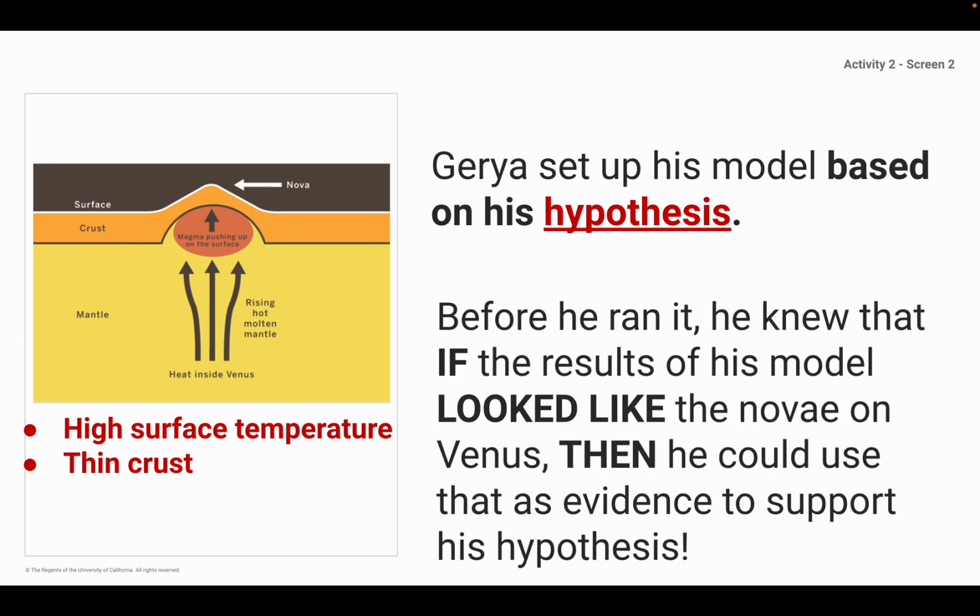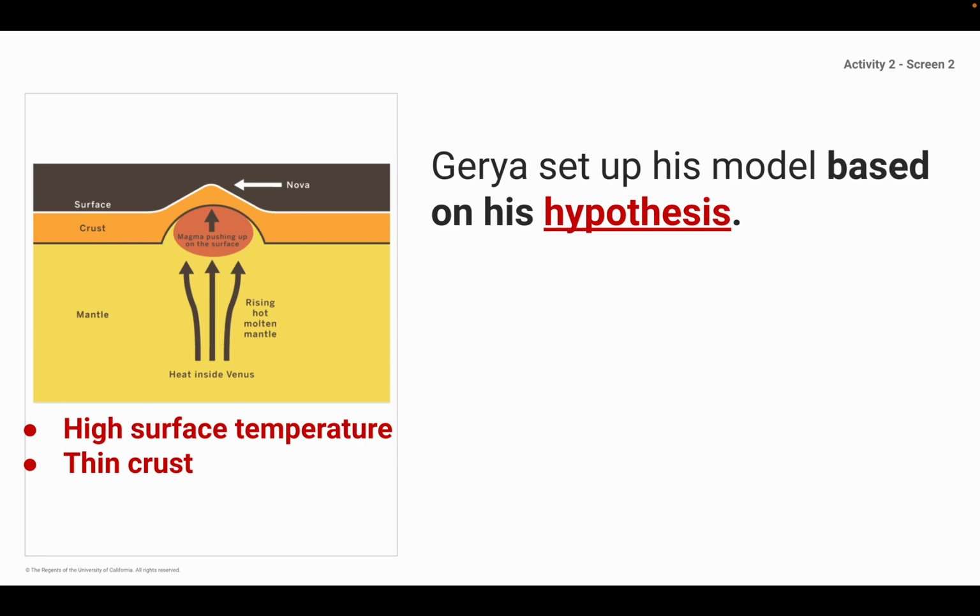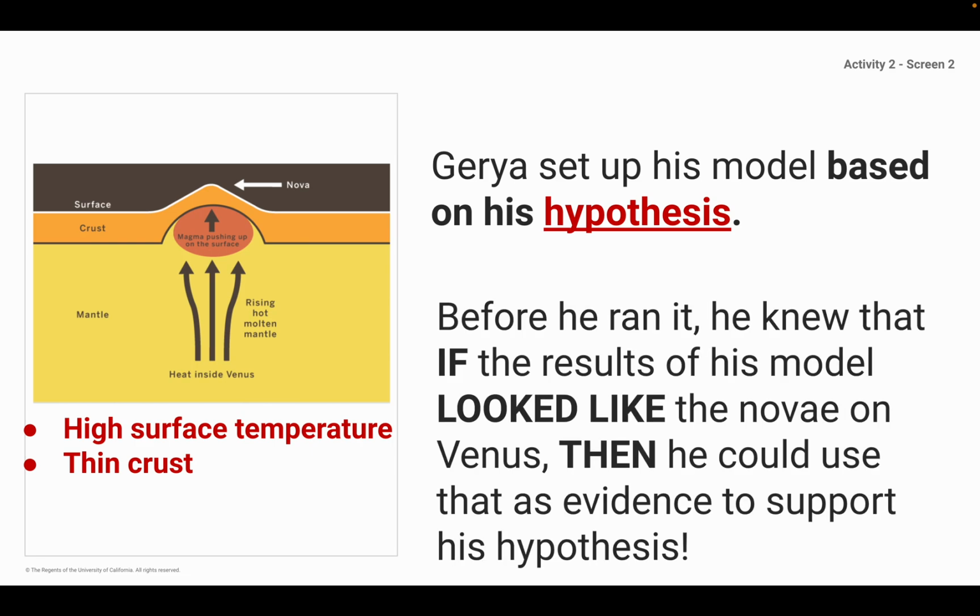And before he ran his tests, he realized that if the end result in his computer model looked exactly like what he saw on Venus, the real novae, then he could use that as evidence for his model to support his hypothesis. So that's what I'm saying. Sorry, I forgot to do that.